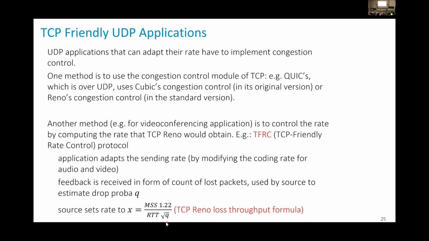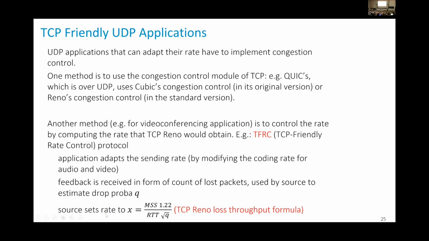Such an application will estimate the loss probability by using things like the real-time protocol, RTP, that periodically, every second, sends a report back to the source to say, here is everything I've received. The source can see what has not been received and estimate Q, the loss probability, and will calculate the rate at which it is sending by applying this formula.